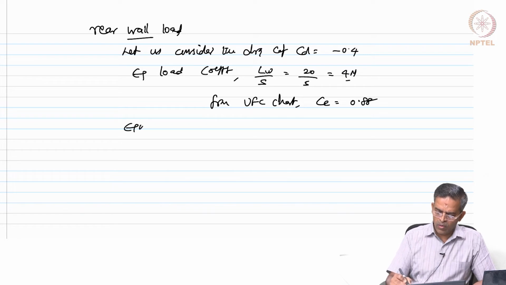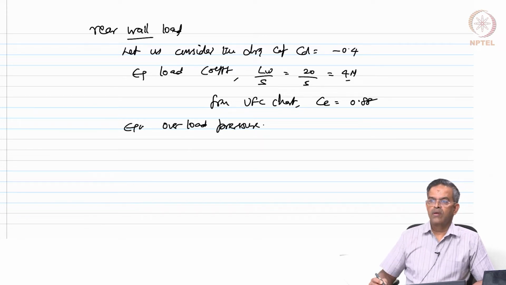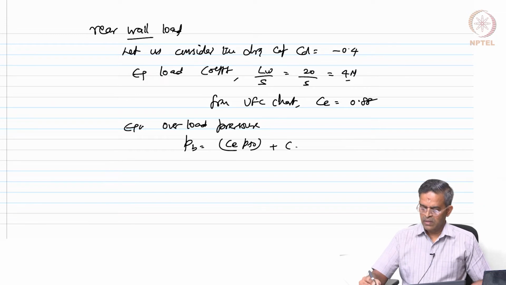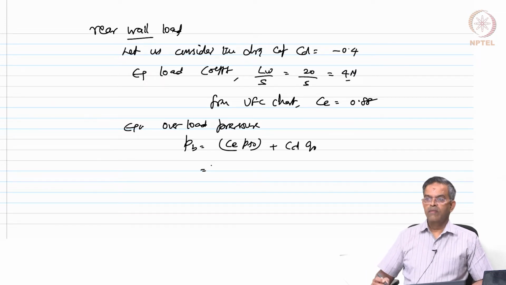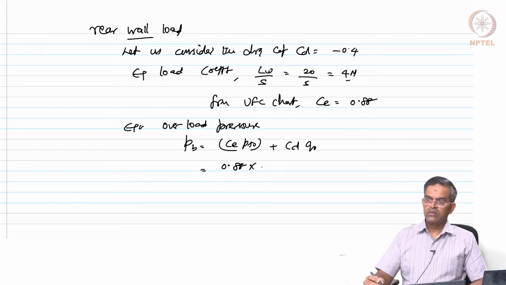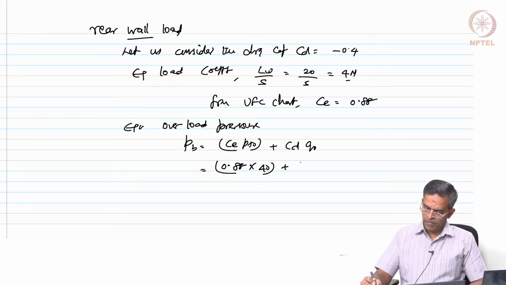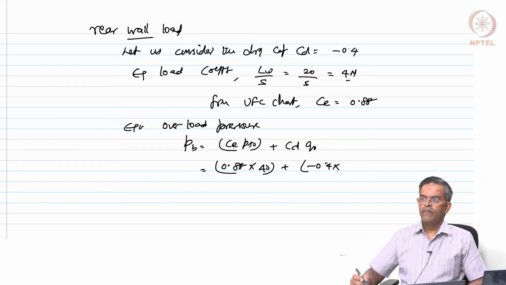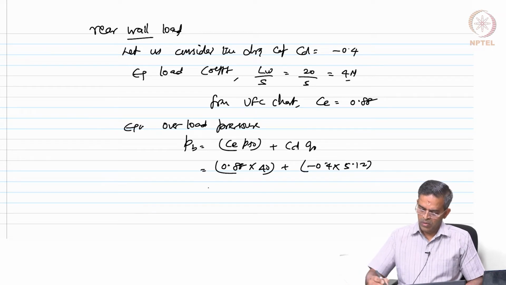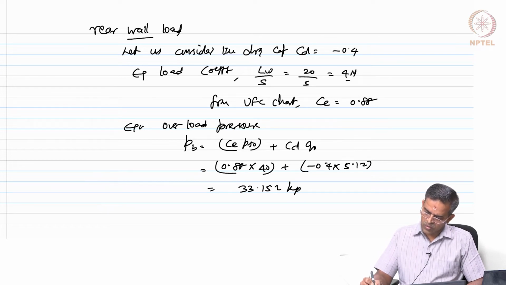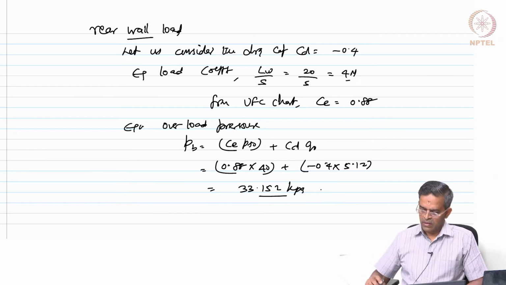So, the equivalent overpressure is given by PB is CE PSO plus CD QO, which will be 0.88 into 40 plus minus 0.4 of 5.12, which will be 33.152 kilopascal.